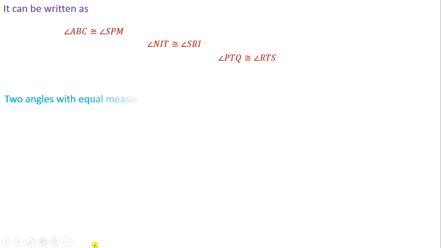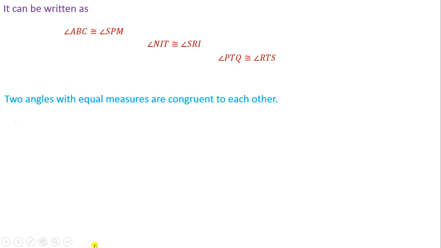And it can be written as angle ABC congruent to angle SPM, angle NIT congruent to angle SRI, angle PTQ congruent to angle RTS. By this, we can define that two angles with equal measures are congruent to each other. There are some properties of congruent angles.